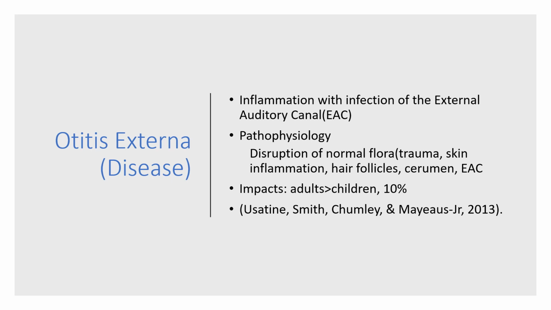It could be from hair follicles, excess or decreased cerumen, or moisture that goes into the external auditory canal. Now, Otitis Externa affects more adults than children, and the occurrence is about 10%.